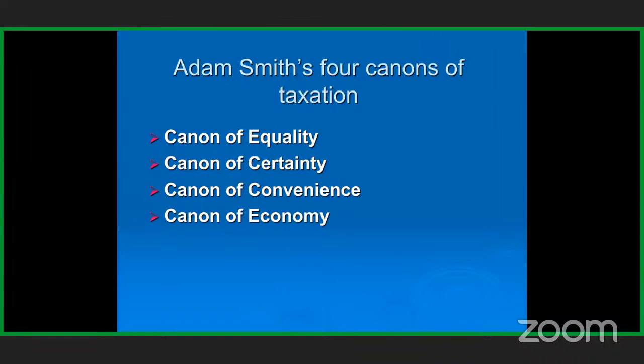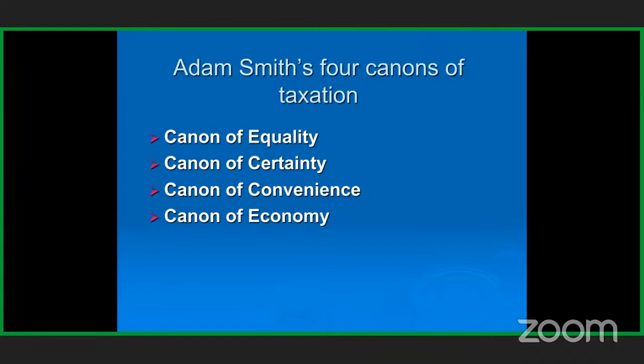It is not economical. So the canon of economy states that the amount of tax should be minimal and its cost of collection should be lower than the revenue raised from the tax. So the difference between the revenue generated in the form of tax and what government receives after meeting all expenses for the collection of taxes should be meager.